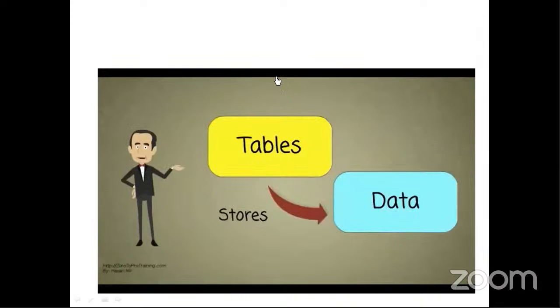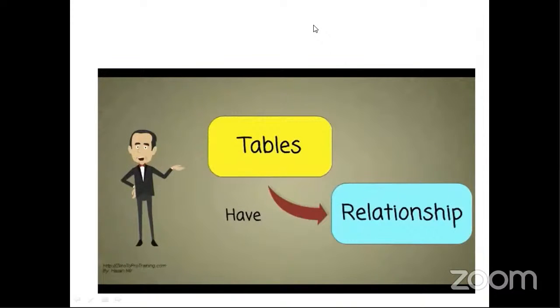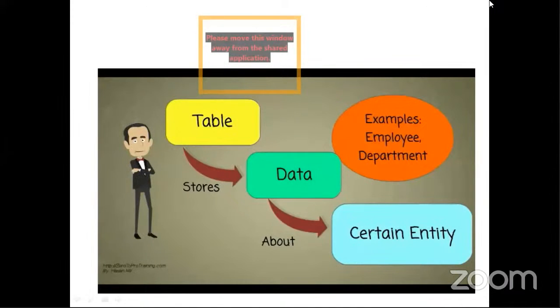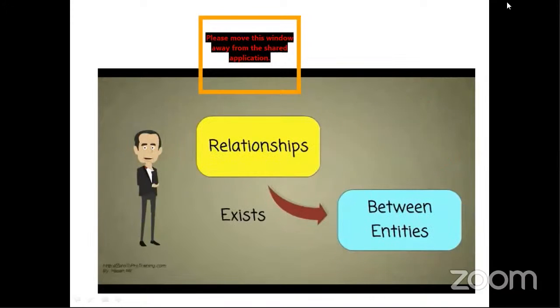Defining isolated tables in the database is not enough to store data. You also need to define relationships between tables. Each table stores data about a certain entity, for example, employee, department, etc. In real life, relationships exist between entities.